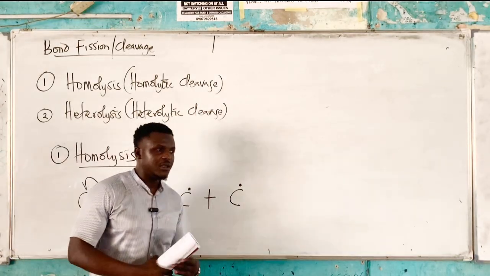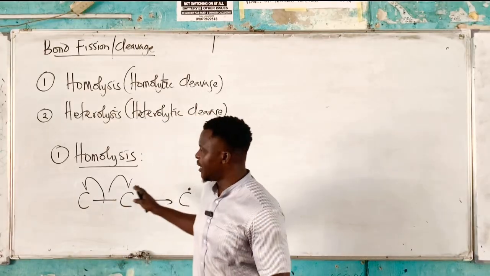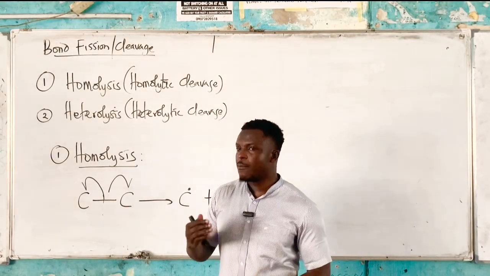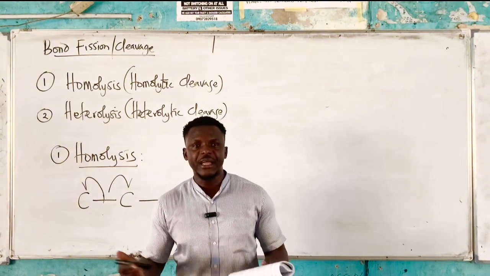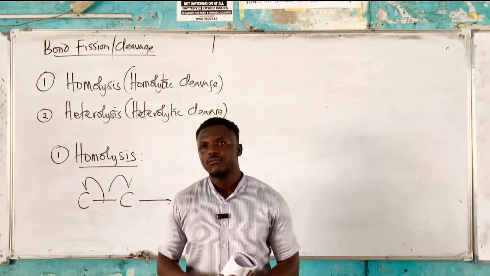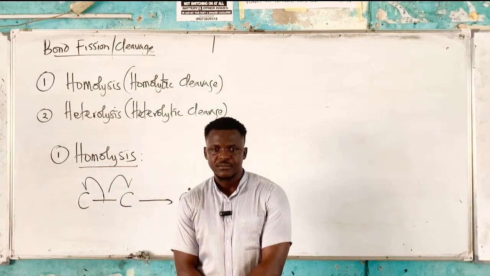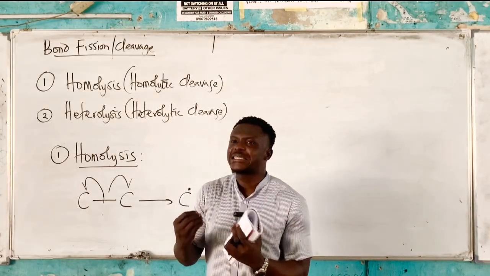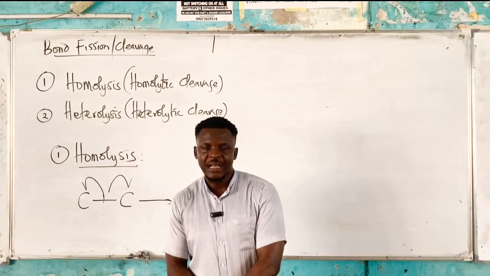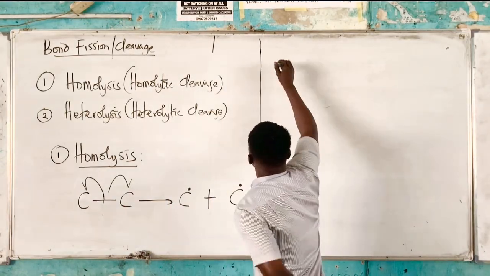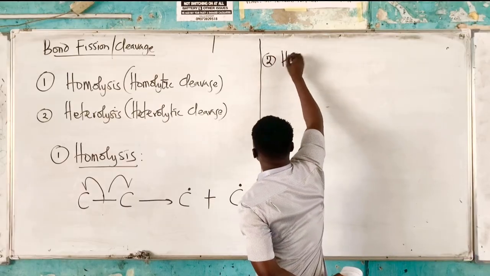Now, how can a question be asked based on this? Let me tell you. They will say the form of bond breaking that gives rise to free radicals is called dash. What is the answer to that question? So please anticipate that problem.